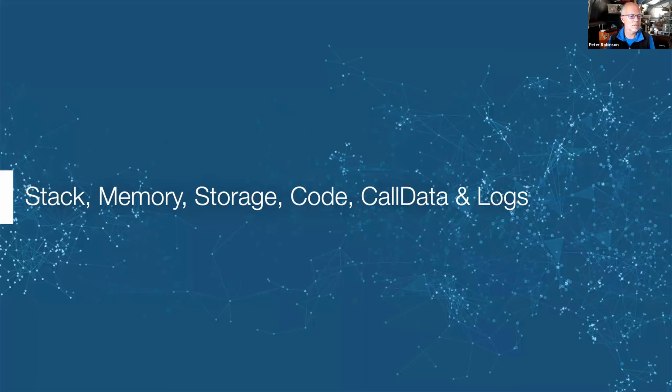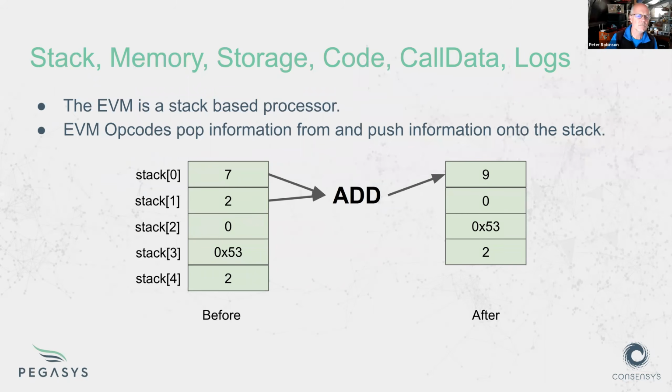So stack, memory, storage. So all of the locations you can do stuff with in the EVM. So the EVM, so Ethereum, is a stack-based processor. And what that means is that there aren't registers. You've only got the stack.